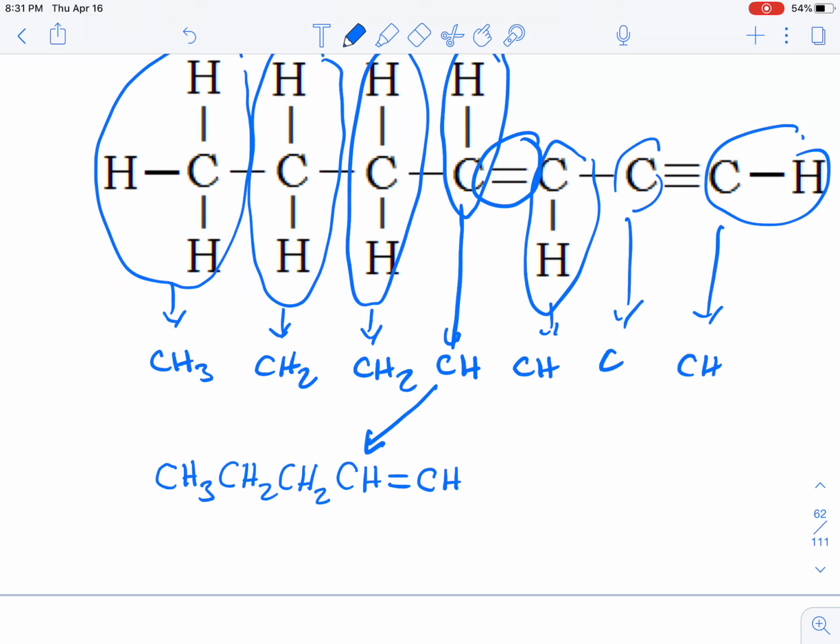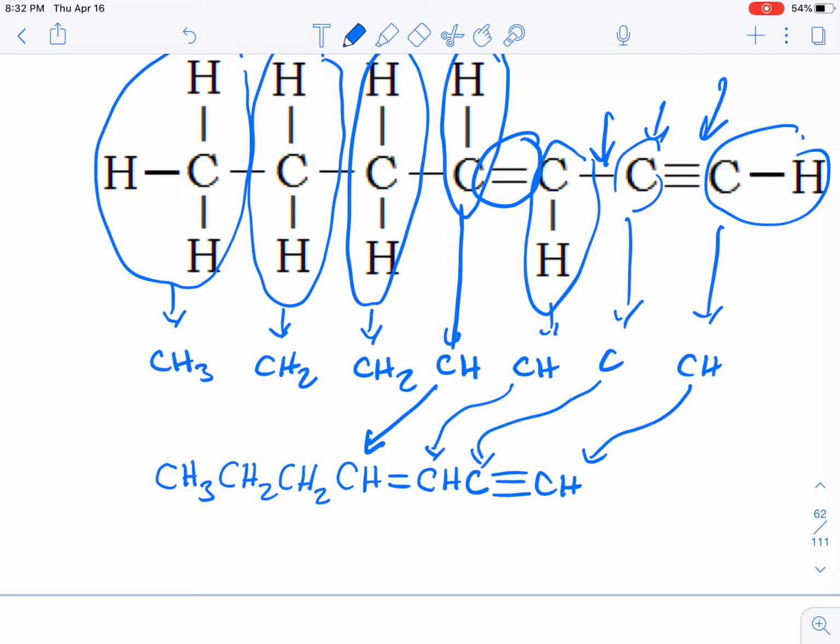After that, I have a single bond and then another carbon, so I'm just going to bring that carbon down and ignore the single bond between them. The next item is a triple bond, so I'm going to put 1, 2, 3. And then last but not least, the carbon and the hydrogen. What I drew here is the condensed structure.